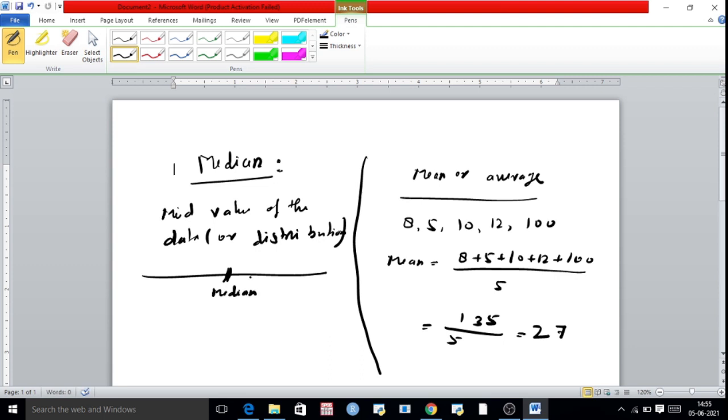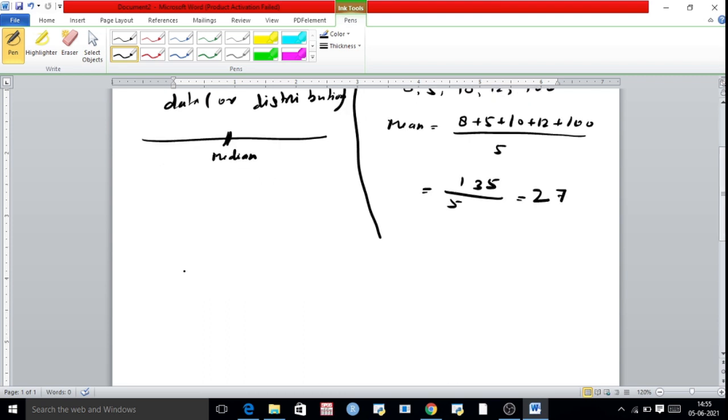So how to find this median? The formula is simple, and there are two cases.